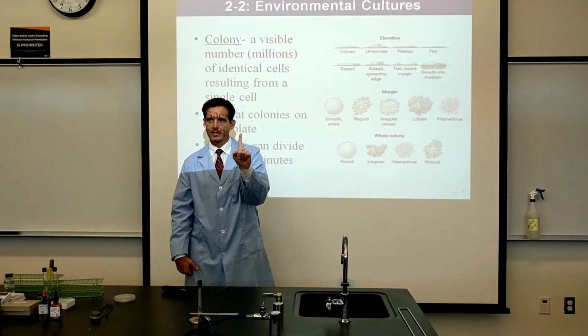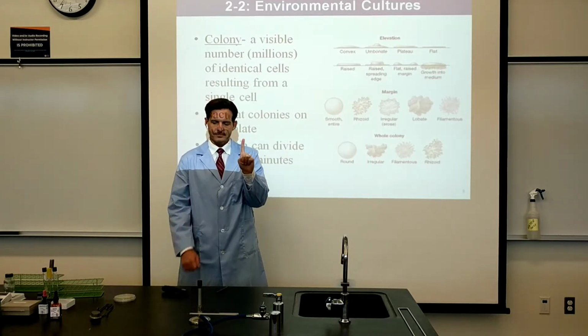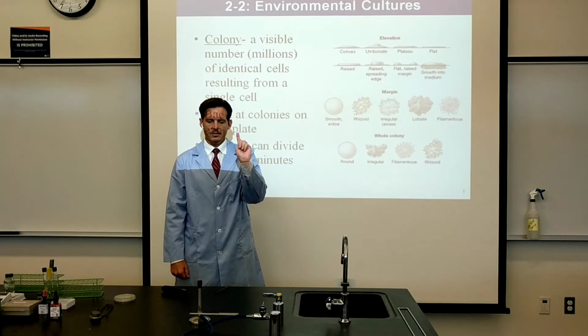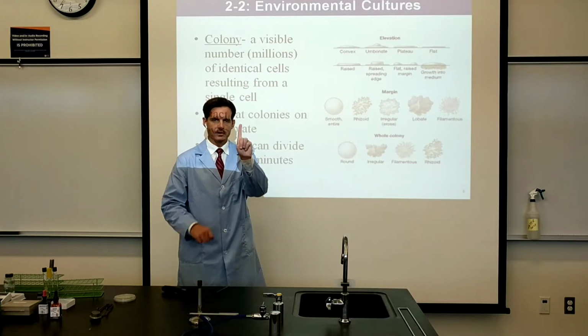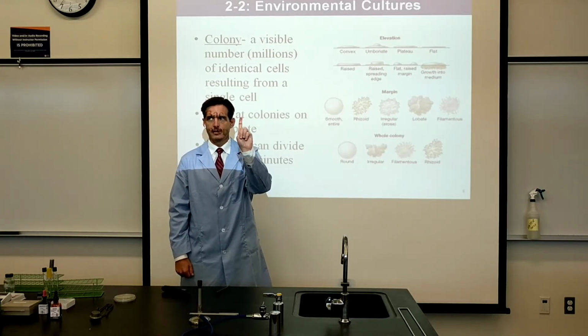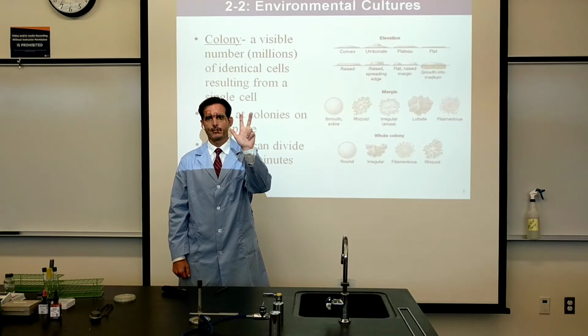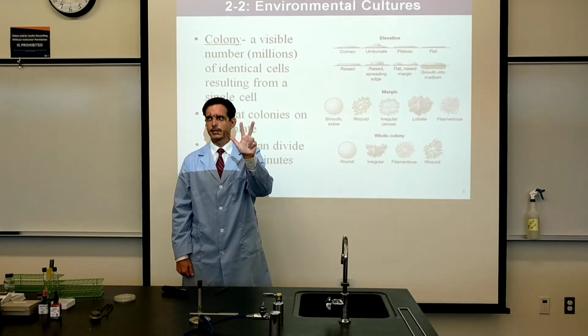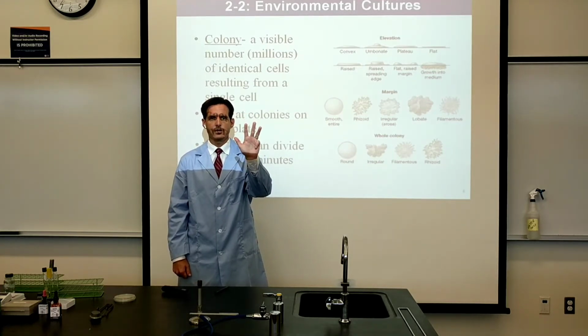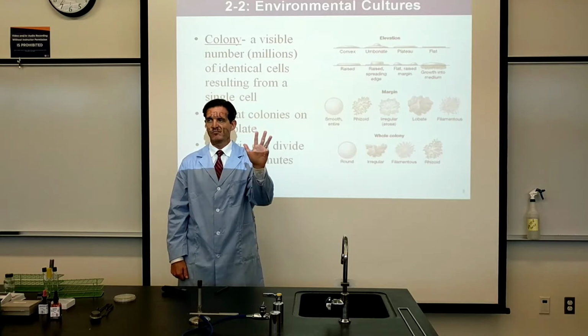So one generation, we go from 1 to 2. Next generation, you go from 2 to 4. And then the 3rd generation, we go to 8. So 3 doublings. And then the 4th generation, 8 becomes 16.